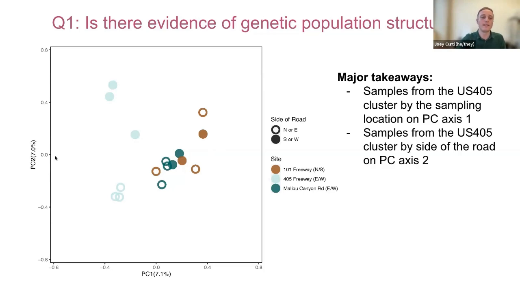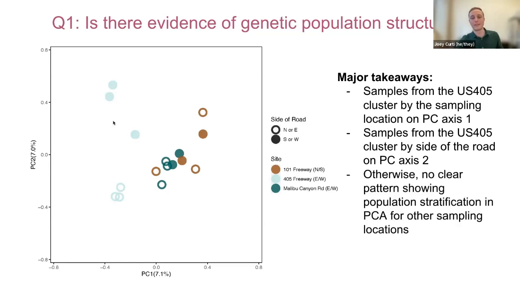If we look along PC2, which is this y-axis here, we also see that this principal component analysis is able to pick apart the signal of side of the roadway for the 405 population again. So we see the east side of the 405 are all clustered here together, and the west side of the 405 are clustered here together. So we're able to pick up that signal and potentially some population structure on the 405 population.